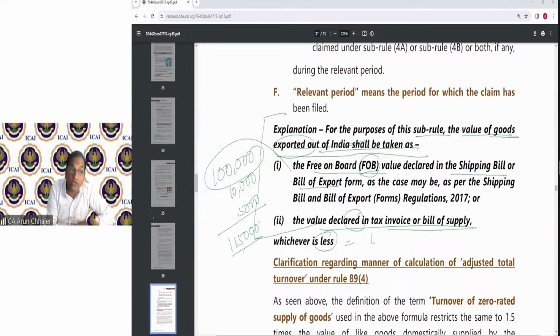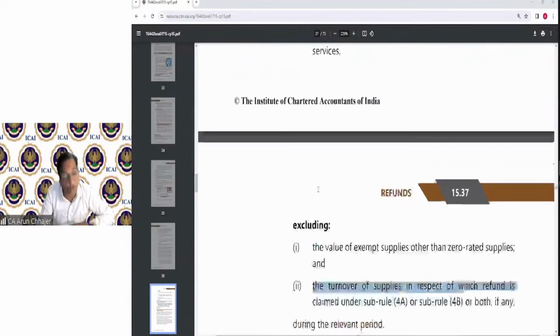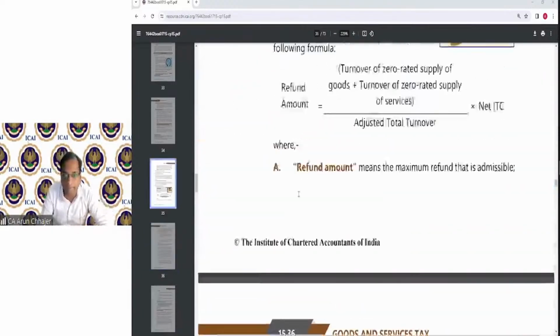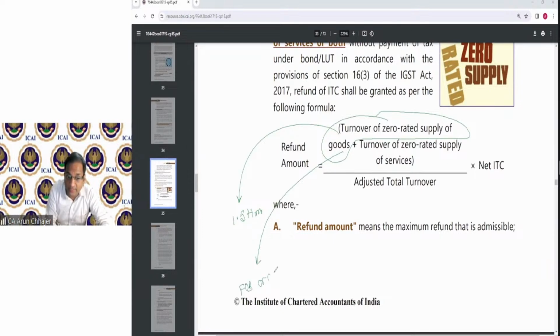Now there were two doubts, which have been clarified by different circulars. Go back to the formula. In the formula, we have discussed that this value is 1.5 times maximum, and that this value would be FOB or invoice value, whichever is lower.